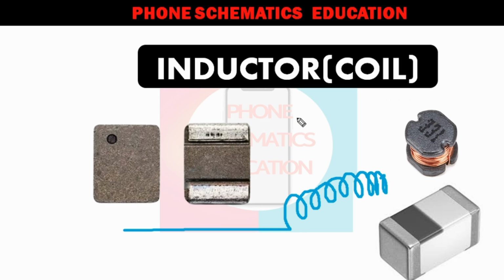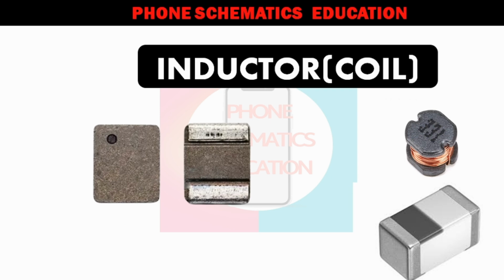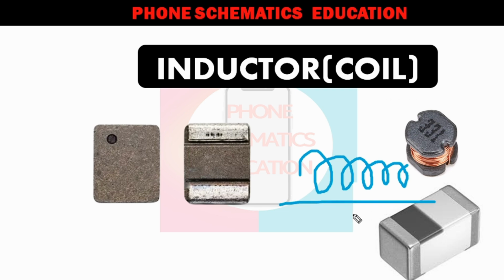So when you wrap it around a core material, we call this a coil. This is basic information, not in detail, because further on we discuss the power section. My videos are already very lengthy. Basically, the insulated copper wire wrapped around a core material is used as an inductor.